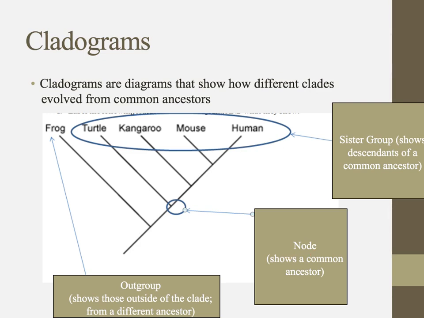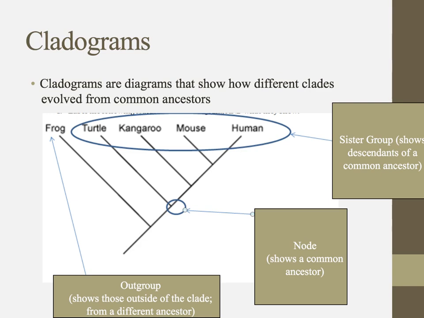So we have a sister group, or a clade, descendants of a common ancestor. All of these came from this common ancestor. And then we have an outgroup, like the outlier, like the outcast. This one comes from a different common ancestor.